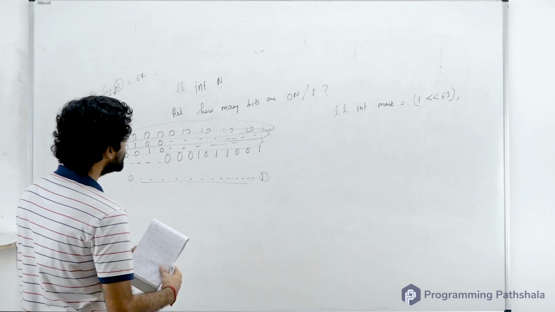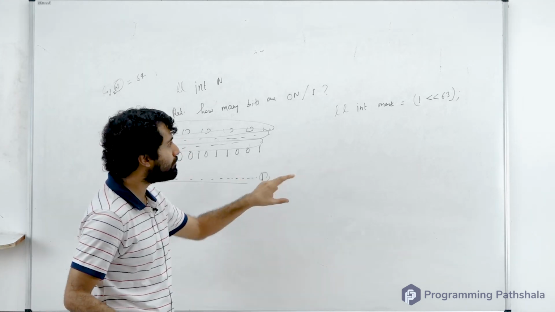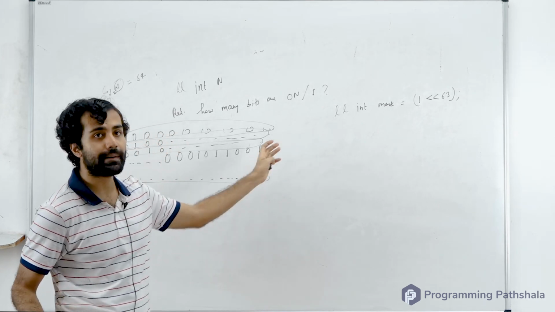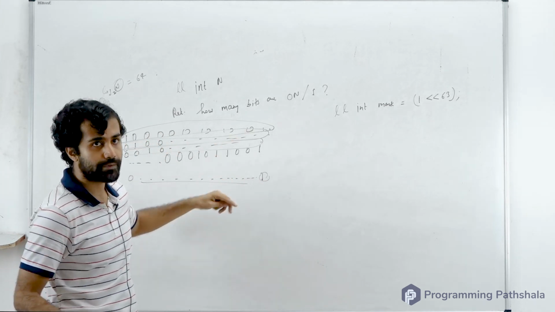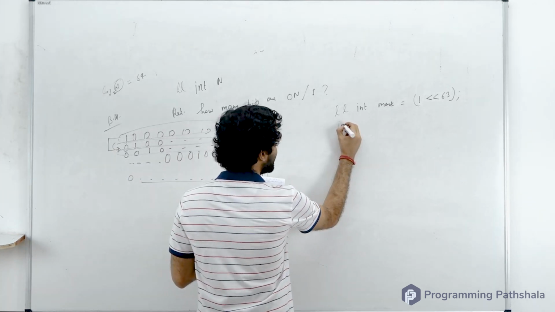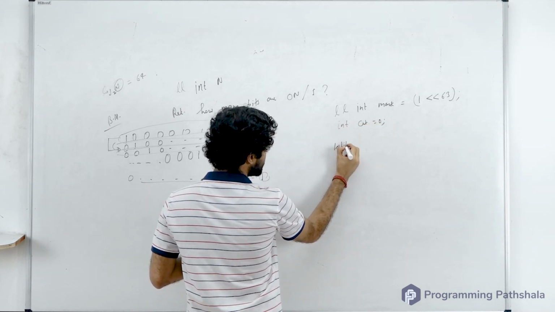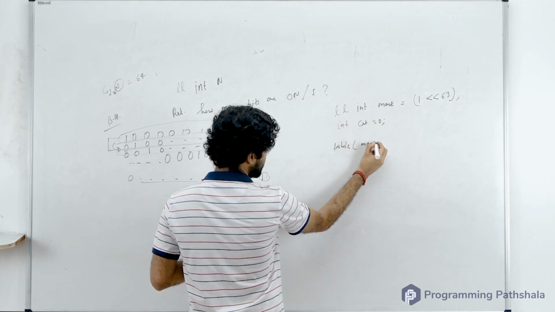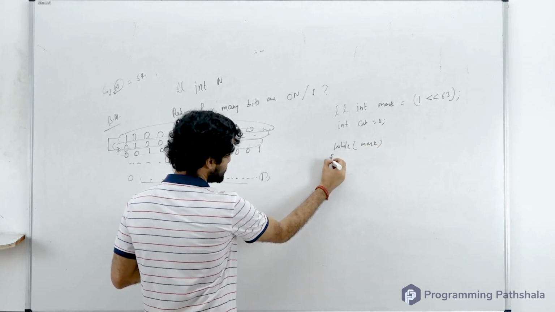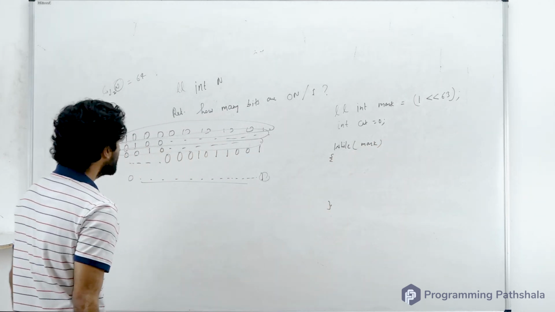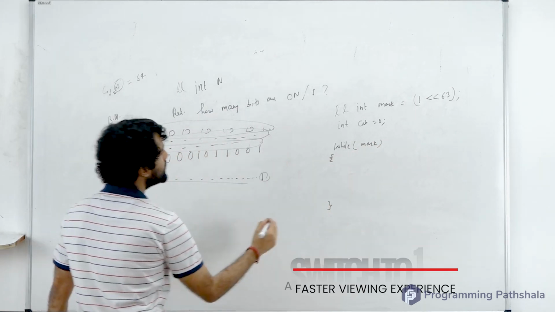So now what can you do? For what value of mask will you want to terminate? When the mask becomes 0, you will want to terminate. So you initialize your count of bits, which is 0. Now as long as your mask is a non-zero mask, what will you do? You will take the AND of this mask with the given number.